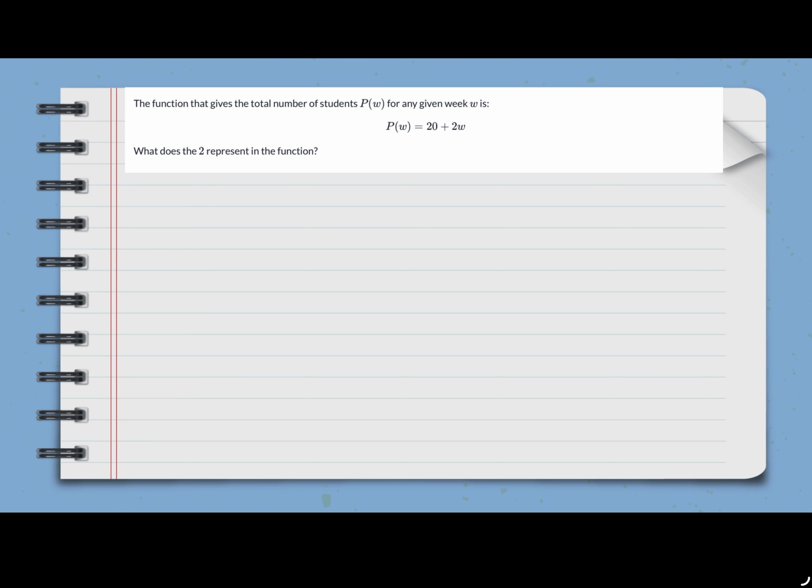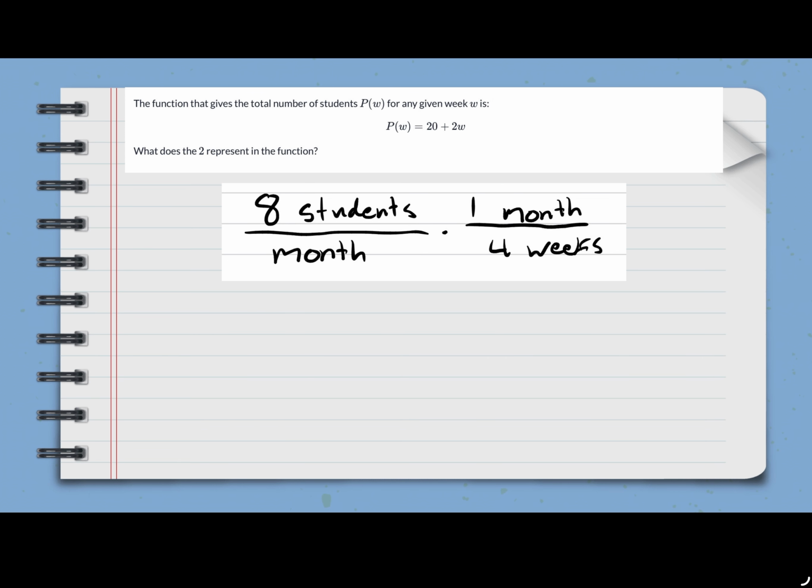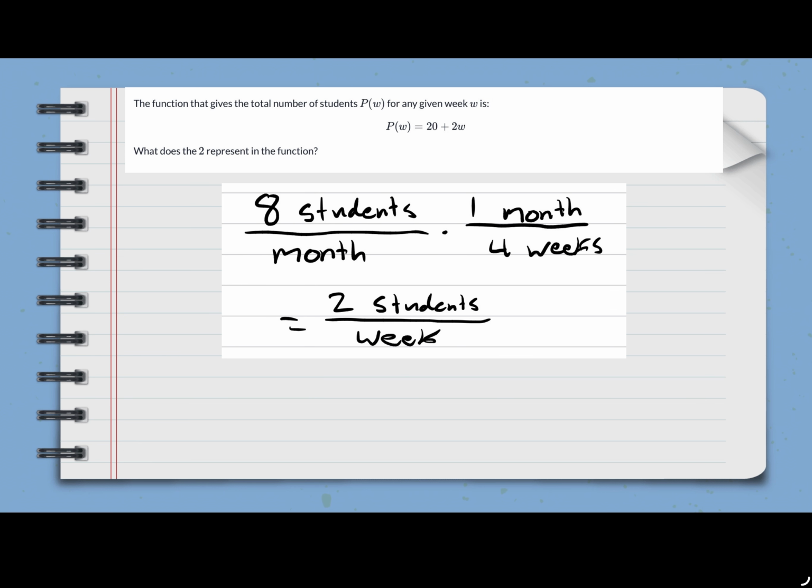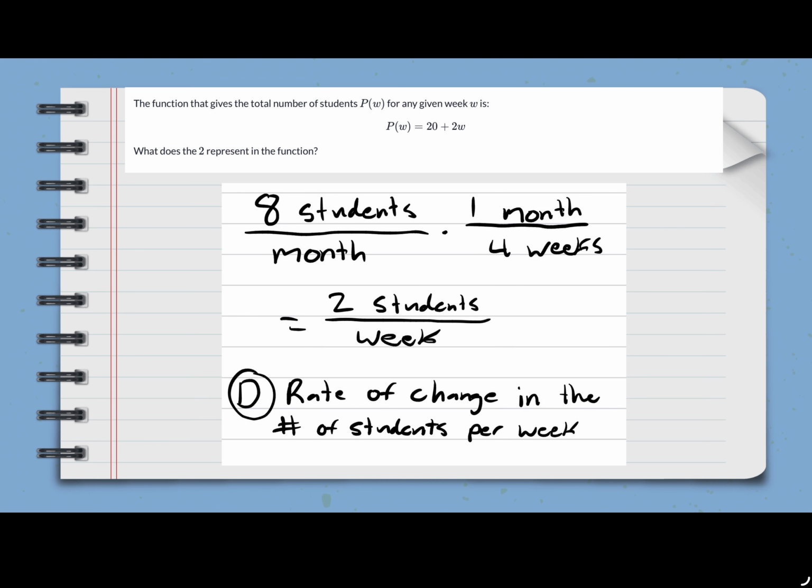We're increasing 8 students a month, but we're looking at w in weeks. So we'll just convert that slope into per week instead of per month. You'll get 2 students a week, meaning the correct answer for that 2 is the rate of change in the number of students per week.